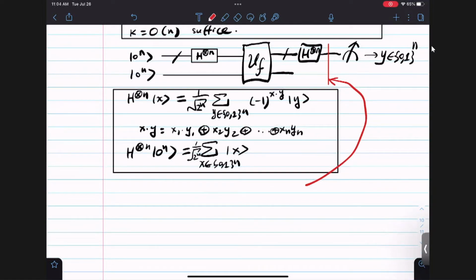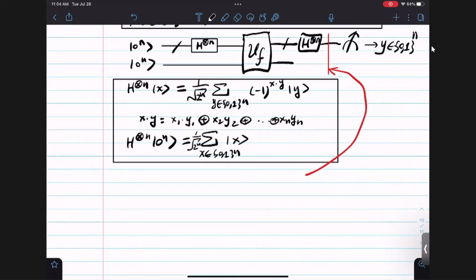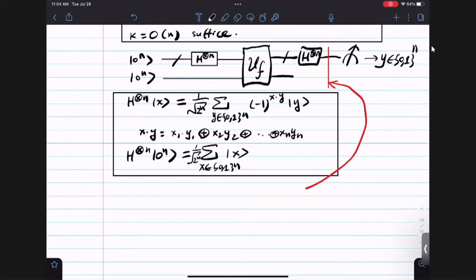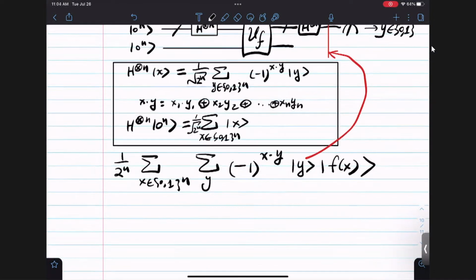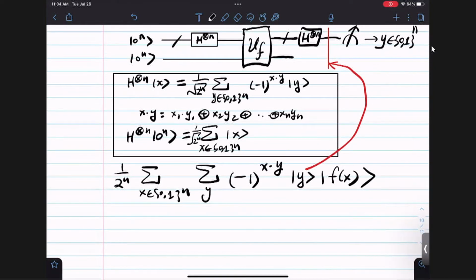I believe you will be able to derive it from this identity I just showed you. So the state of the entire system here will be 1 over 2 to the n, sum over x, sum over y, ket y, ket f of x, with the phase (-1) to the x dot y. So that's the state at this point.